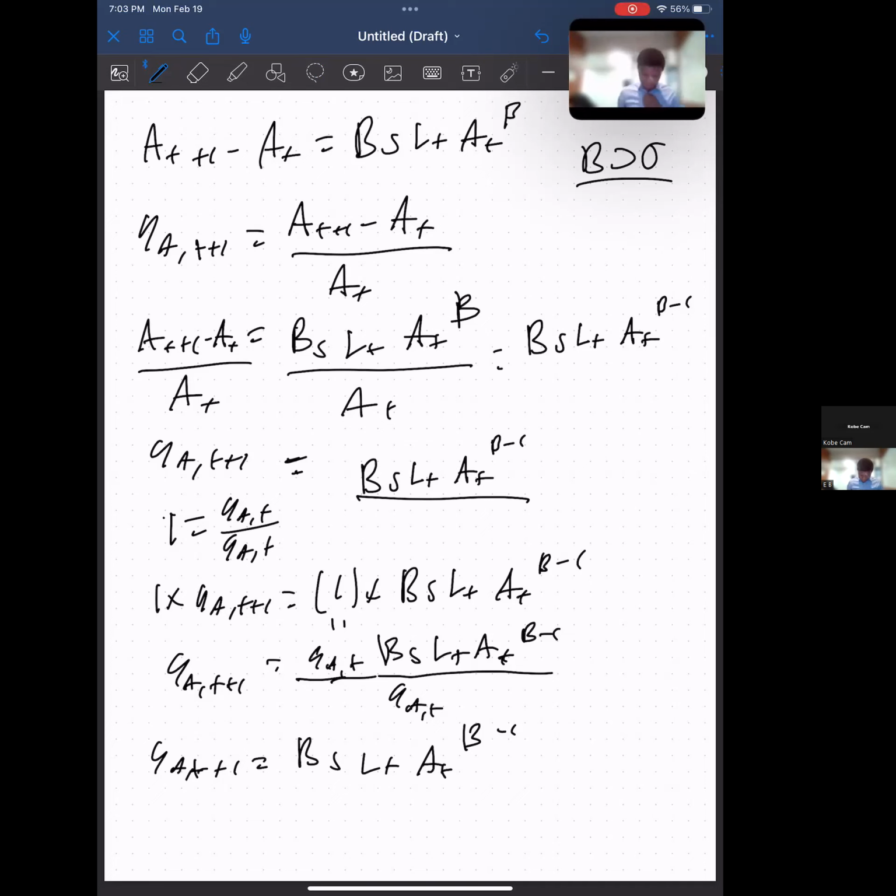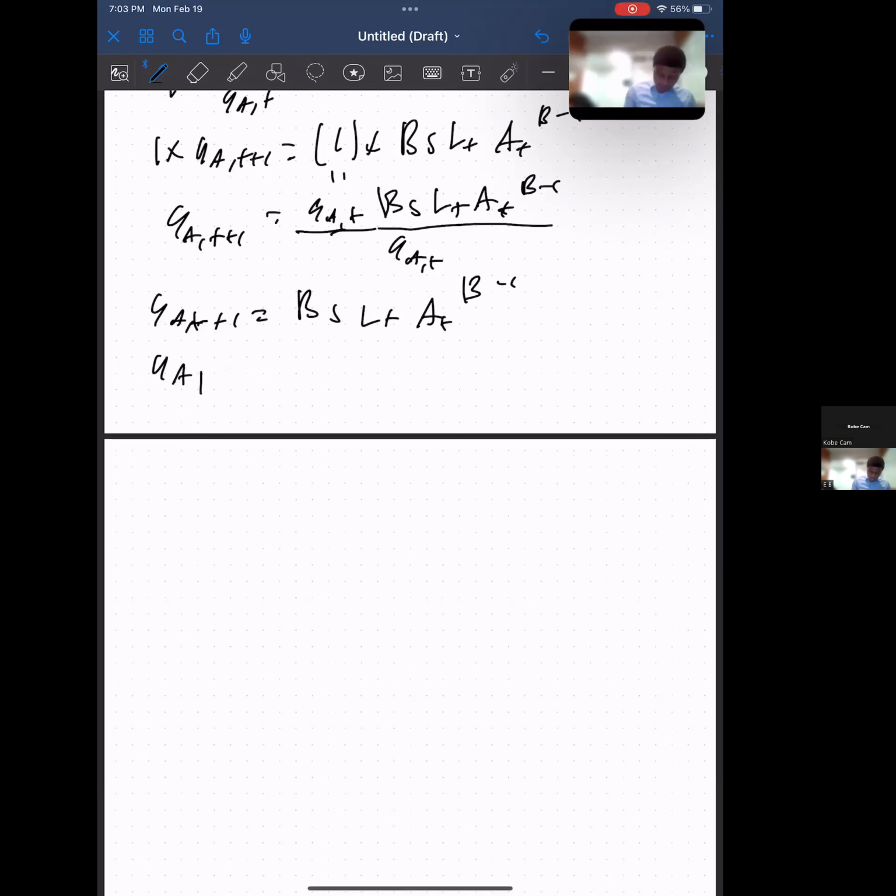So if we wanted to find GAT, all we would need to do is subtract 1 from each of the t's here. Why can we do that? Well, we just subtracted 1 from this t right here, so we can subtract 1 from all these t's over there.